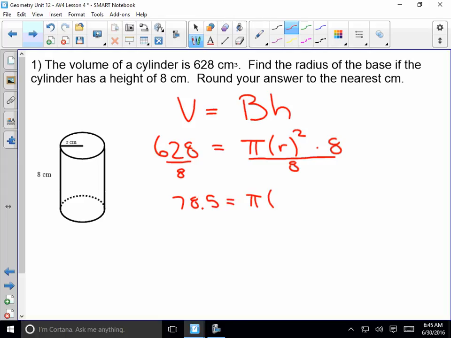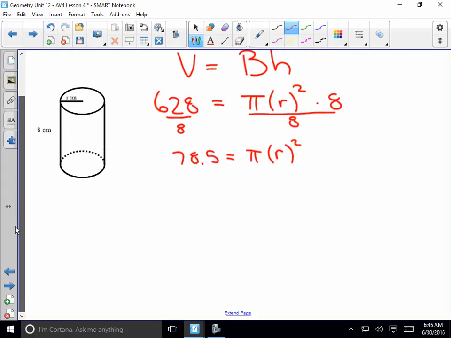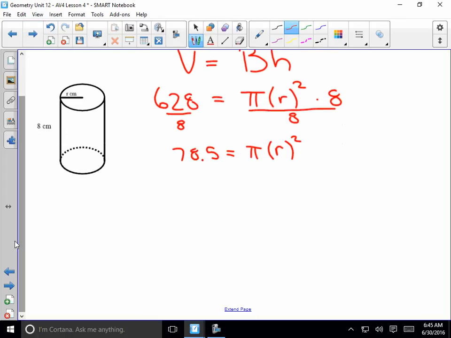Equals pi times radius squared. And then our next step is we're going to have to divide by pi, because pi is an actual value. Okay, it's not a perfect value, but it helps us get to the end result that we're looking for. So we have 78.5 divided by pi. You want to use the pi button.